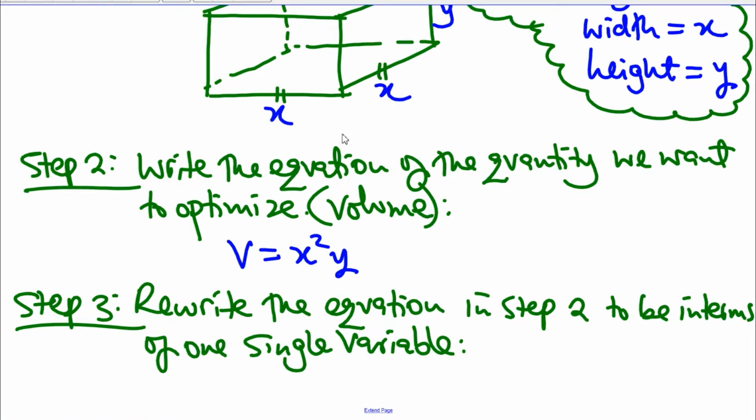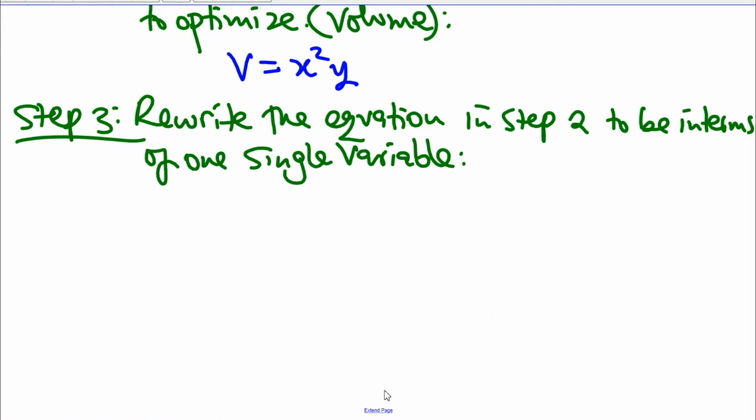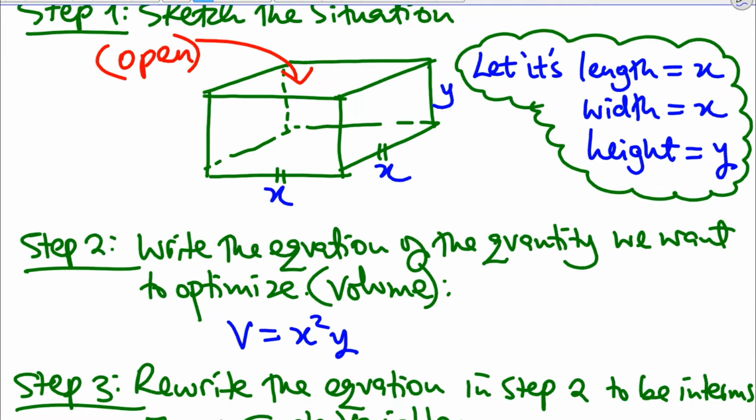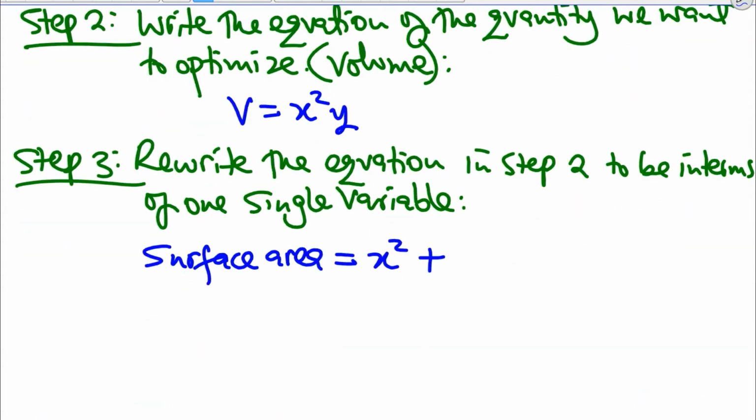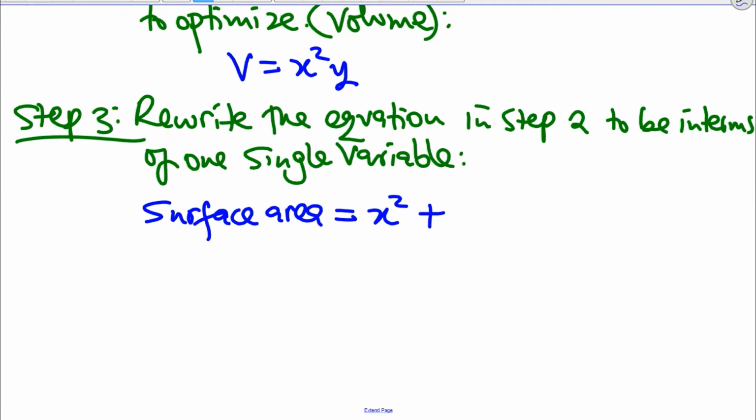Okay, so the surface area of this box will be given by the area of each of the faces. Now the area of the base is x squared. Now the area of the other four faces will be x multiplied by y. So which means that will be 4xy.